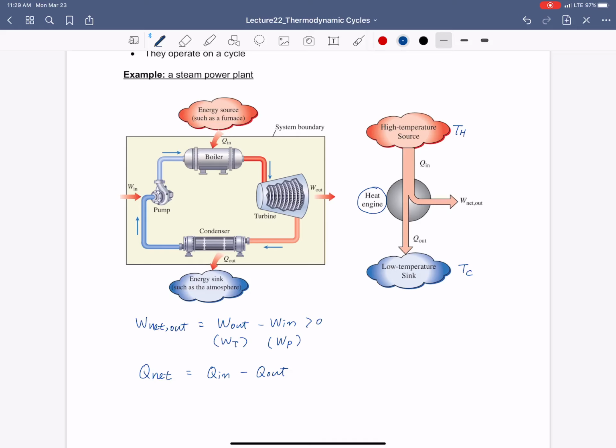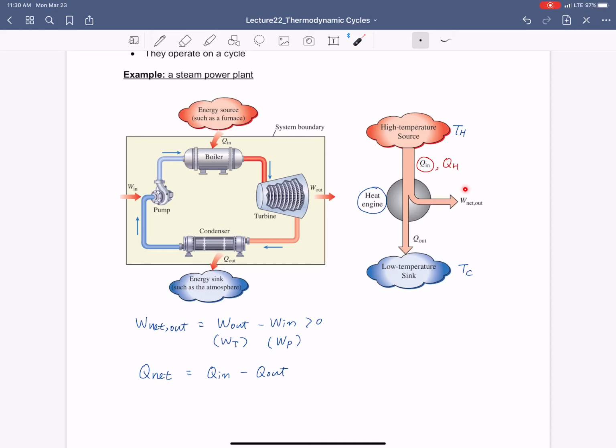Again, in order to run this heat engine, we need to get certain heat input from the heat source. Sometimes I'm going to use QH. It is the same as Q in, because that is heat that comes from the heat source. Then what this heat engine does is, by using this Q in, generate a power out, and that is what you really want to have.